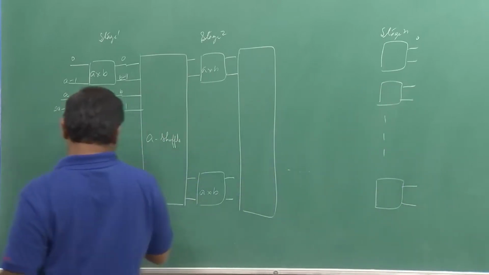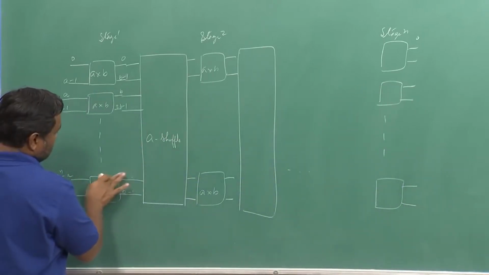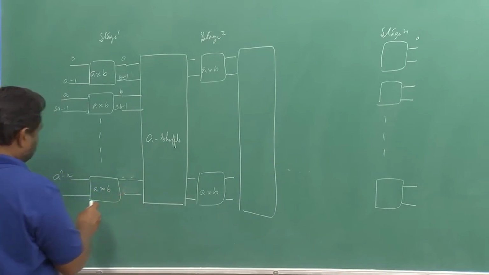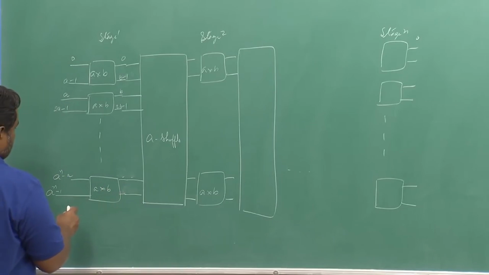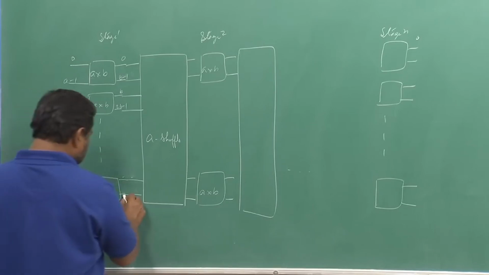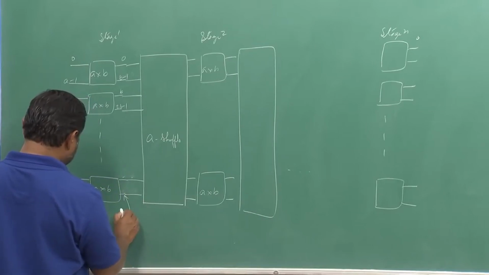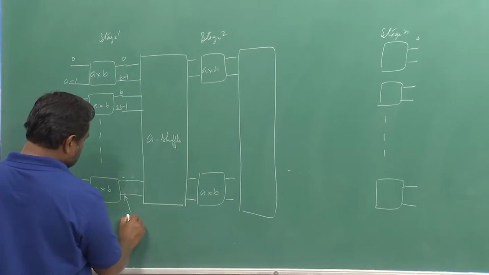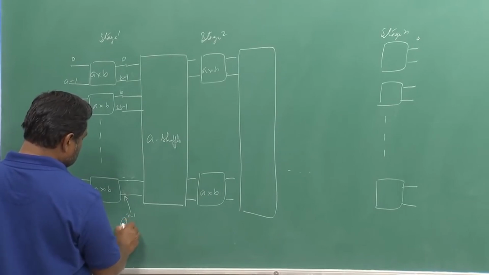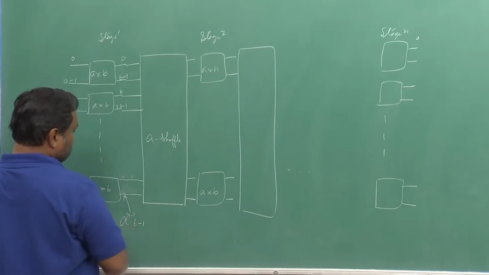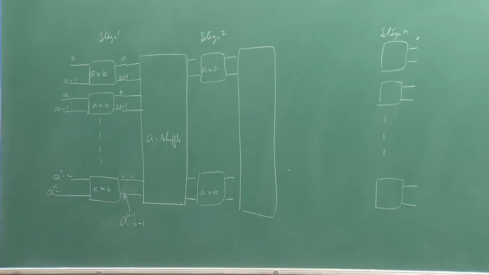Okay, sorry, this will not be b raised power n minus 1, this will be a different number. So, this one will be that is what will be the number, okay.